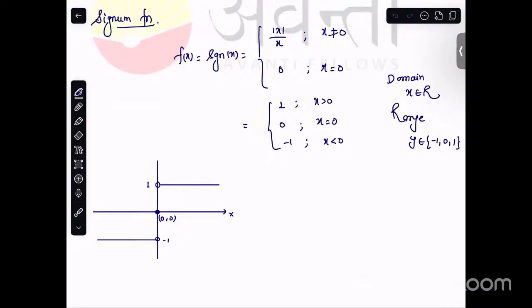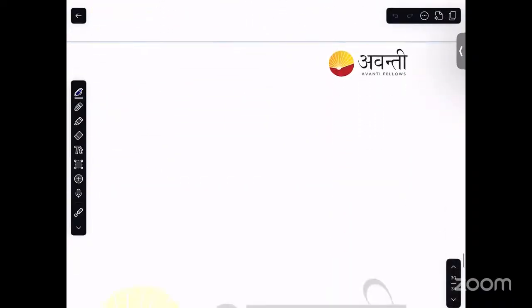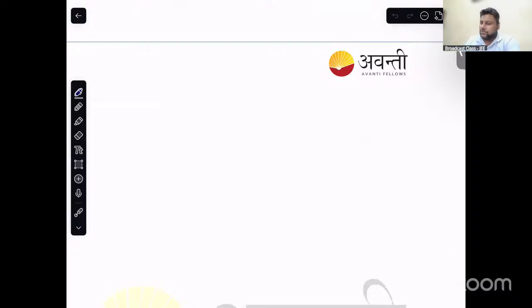Now we will do this very important portion with respect to 12th class, that is classification of functions.